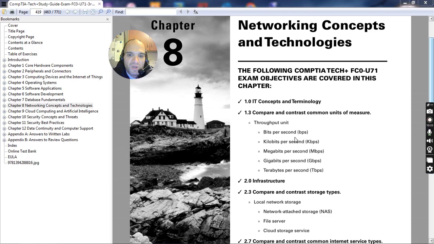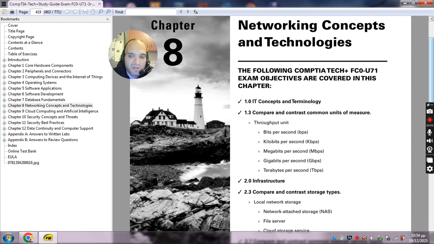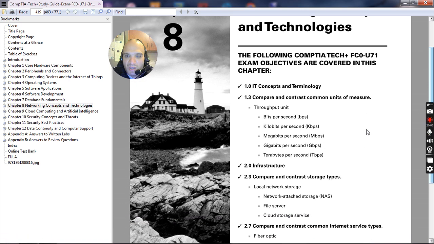It's bits per second, which is represented by a lowercase b, lowercase p, and lowercase s, bps. Kilobits per second, represented by a capital K and lowercase bps. Megabits per second, which is represented by capital M and lowercase bps.